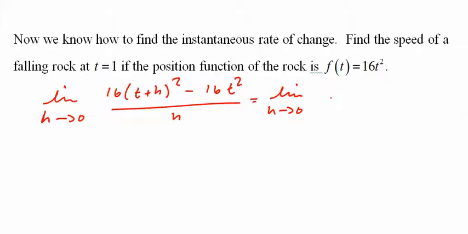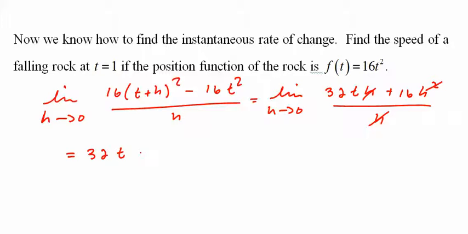We'll have 16 times 2, 32th plus 16h squared all over h, and we get 32t. Put in t equals 1. We get a slope of 32 feet per second.